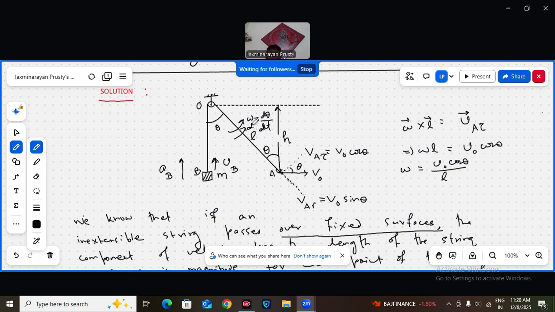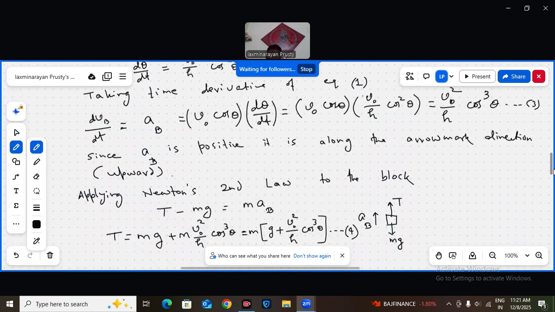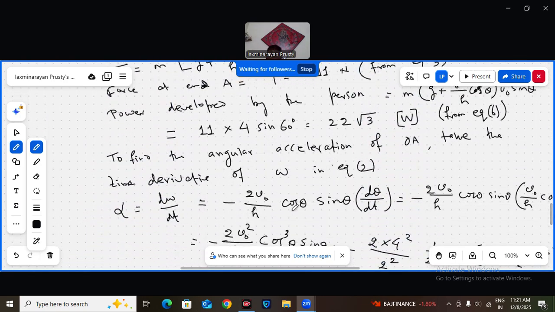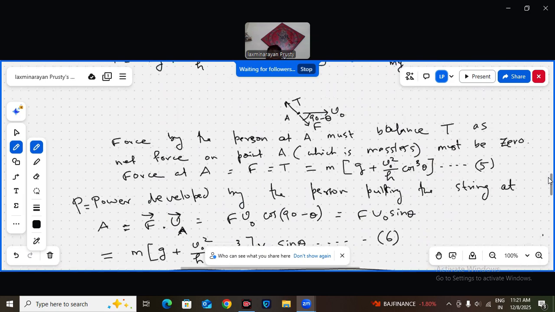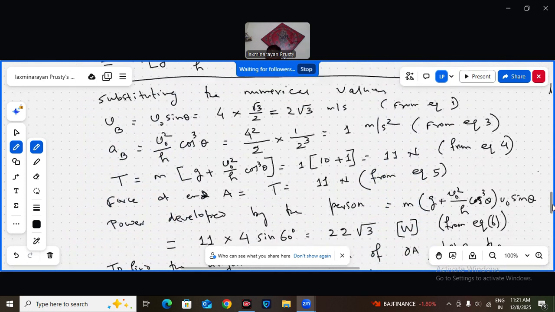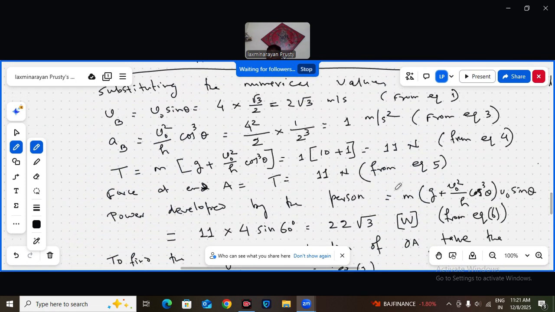If acceleration is negative, then it's opposite to omega, but I put it in the omega direction here. Let us see what acceleration we are getting. d omega by dt, where omega is V naught by h cos square theta.